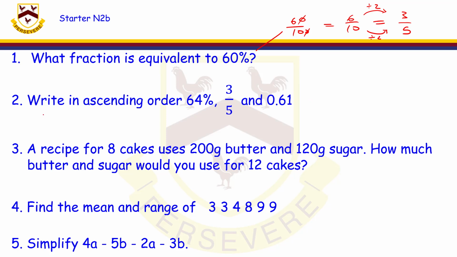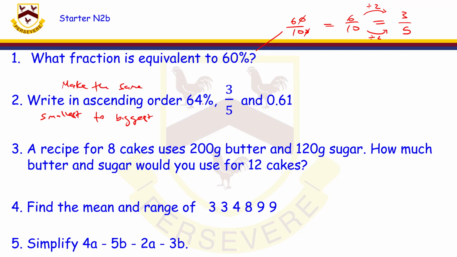In ascending order, smallest to biggest. Okay, we've got to compare a percentage, fraction, and decimal. We've got to use either percentages, decimals, or fractions, so we make them the same.